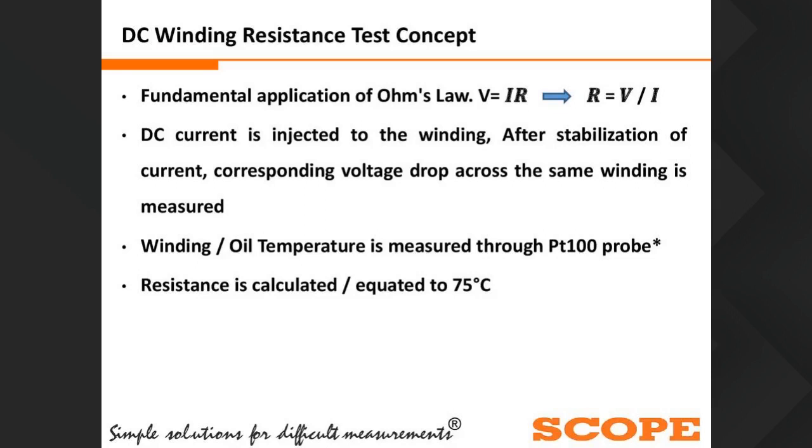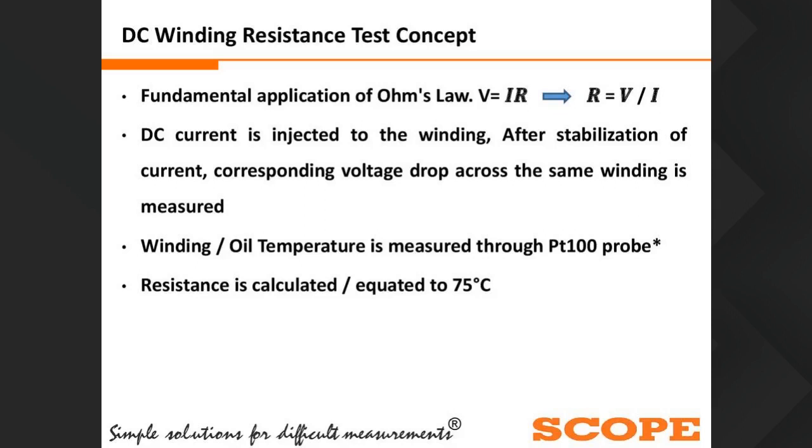We need to inject a current, and across the winding we need to measure the voltage drop. DC current is injected in the winding, and after the stabilization of the current, that is, constant current, we measure the corresponding voltage drop across the winding, and with the help of the formula we can calculate the resistance.